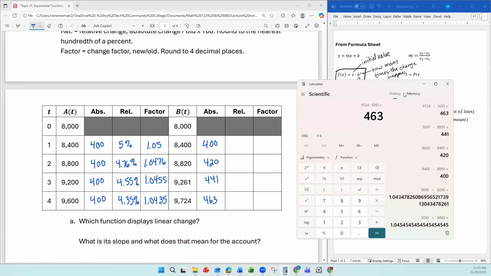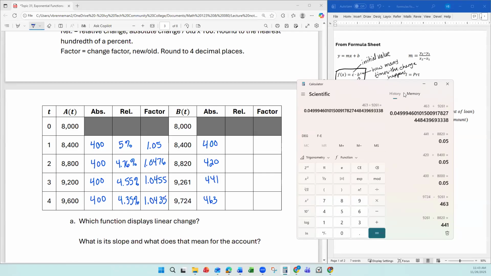For the relative change, I'm taking each of those absolute changes divided by the previous value. So 400 divided by 8,000, 420 divided by 8,400, 441 divided by 8,820, 463 divided by 9,261. And you're seeing those first three all came out exactly 5%.